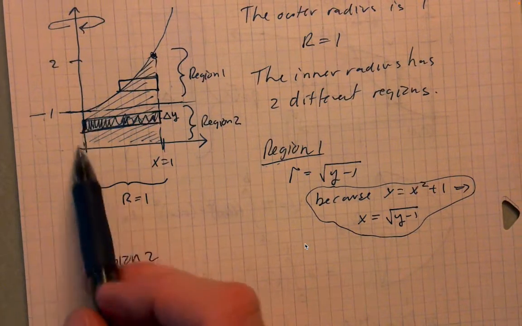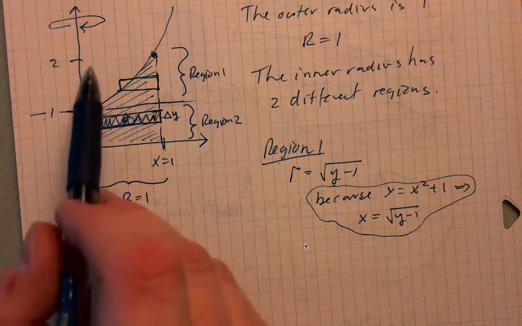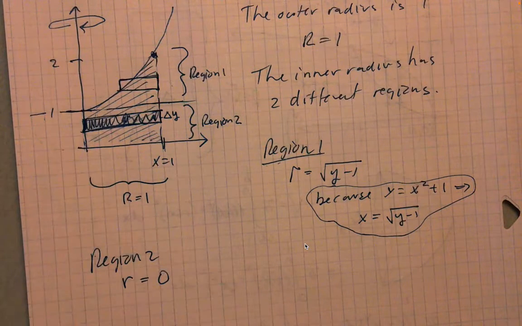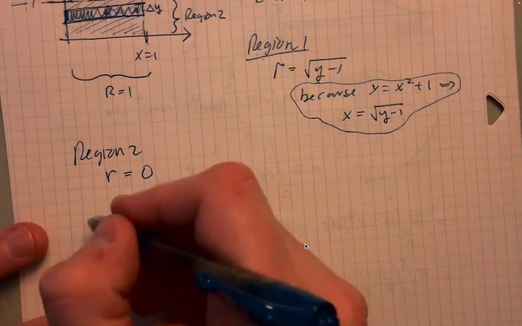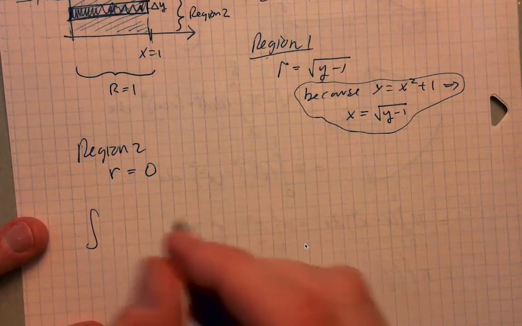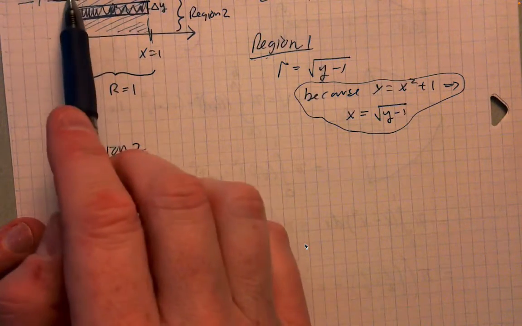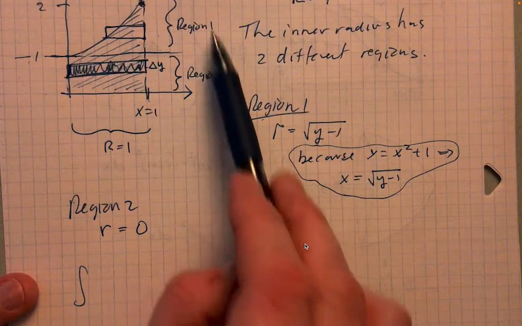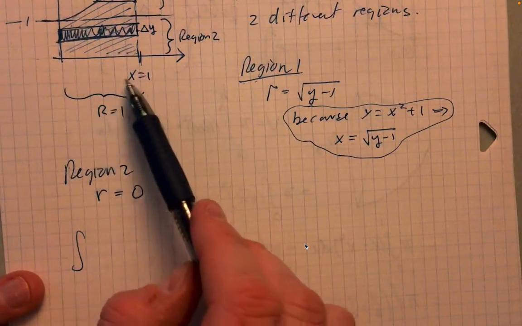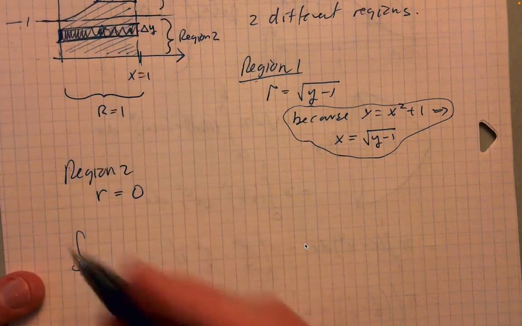So the fact that there are two different regions and two different values of r, depending on where we're at across the partition here, means that we have to have two separate integrals. We need a region 1 integral and a region 2 integral. Let's start with region 2. I kind of labeled these backwards. Maybe I should have called this 1 and this 2, but it doesn't matter. We'll start with region 2, because that's the simpler of the two.